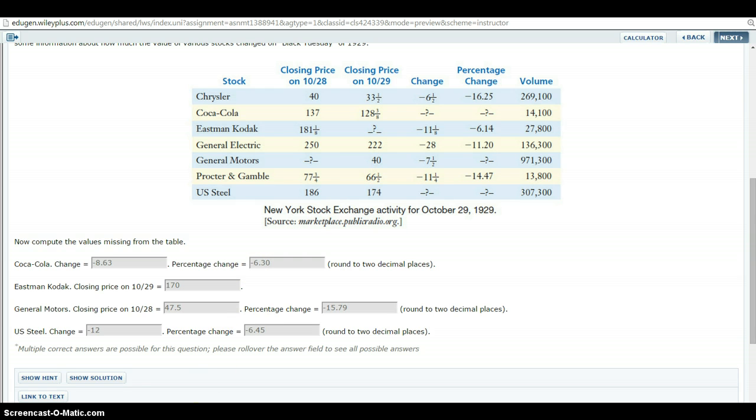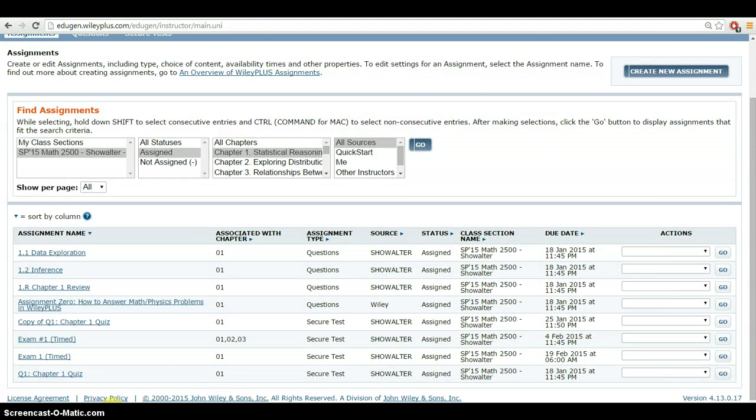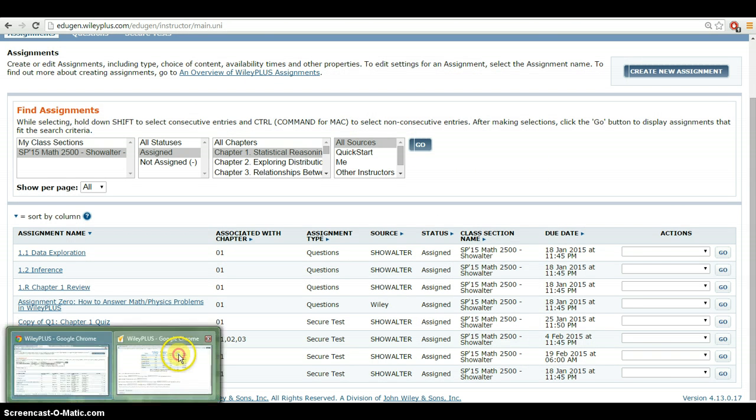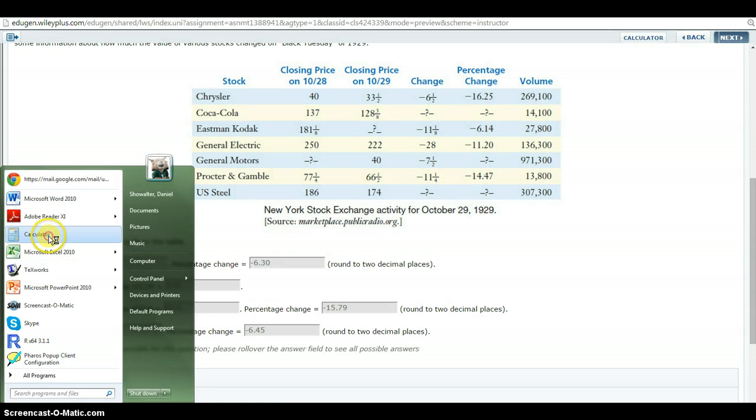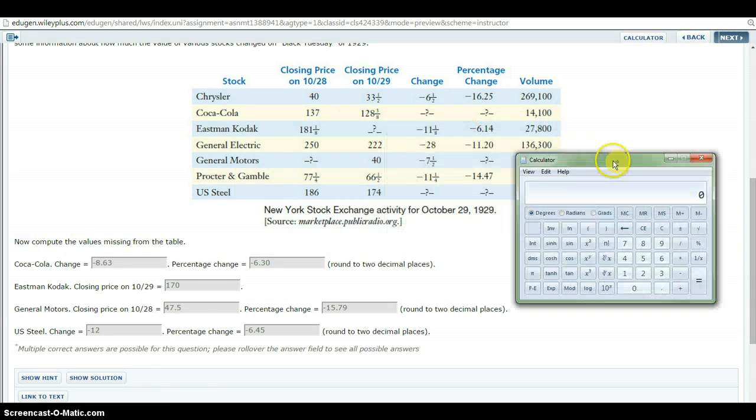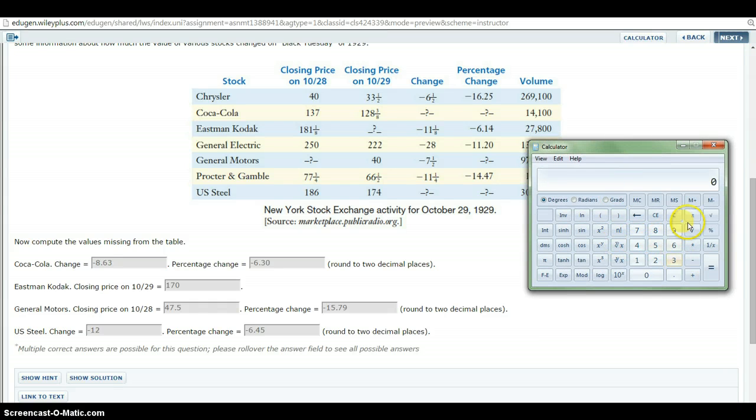Let's see, so you would take our negative 8.63, and yes, I just now realized I could have used their calculator, divided by 137, and we get negative 6.30.